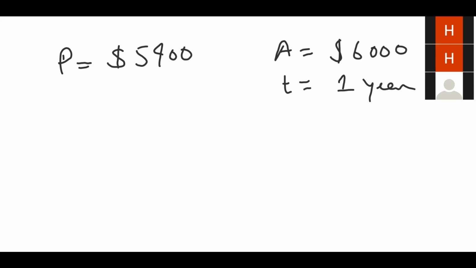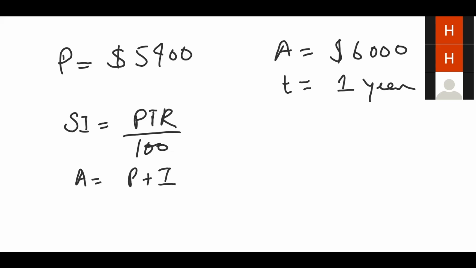Find the simple interest. So what was the formula for the simple interest? SI is equal to PRT over 100. The other formula that we did was amount is equal to principal plus interest.